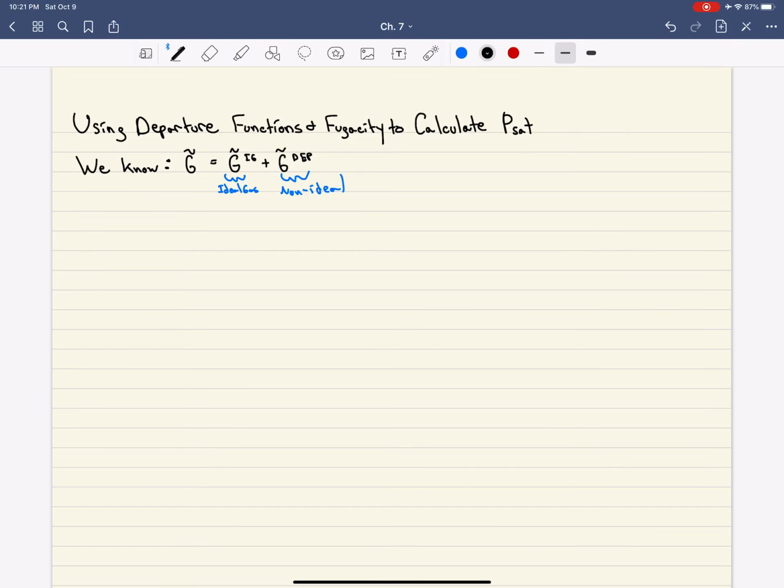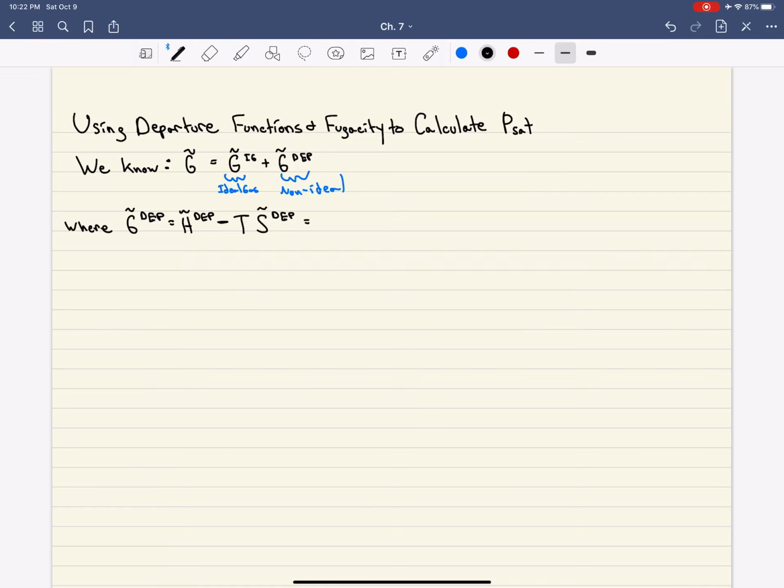In Chapter 6, we could derive an equation for the departure function of the molar Gibbs energy, which is taking the departure function of enthalpy and subtracting off T S departure.